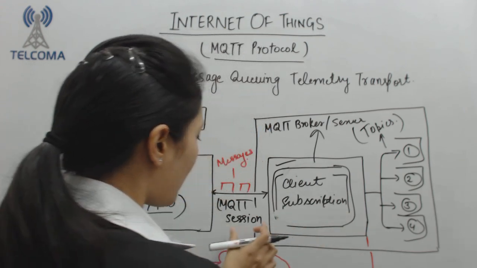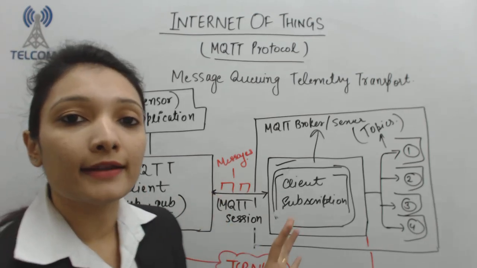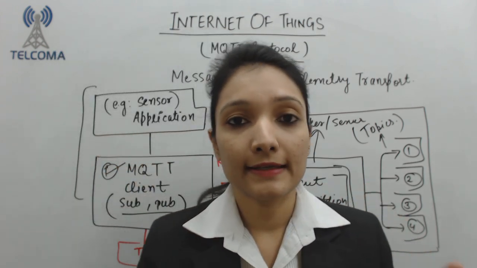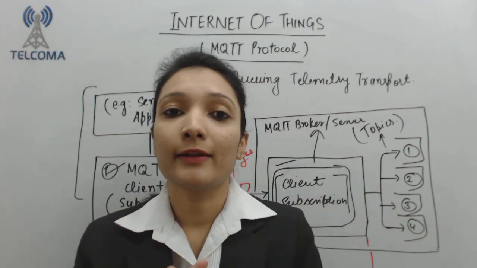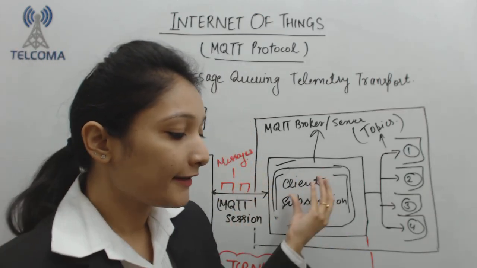Now after that you have the MQTT session. So this MQTT session here is established between these two entities, the client and the server, which indicates that yes, these two entities are communicating with each other for this interval of time here.